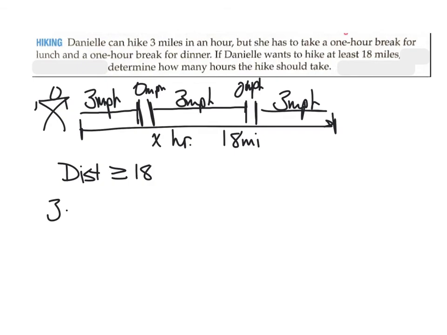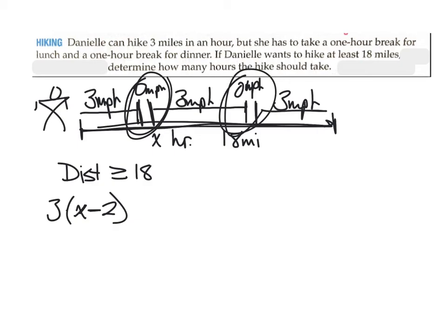Her time is not x hours because she's not hiking this entire time. She's hiking that entire time except for this 1 hour and this 1 hour as well. So we have to subtract off 2 hours to get our inequality. And now we just solve it like we normally would.